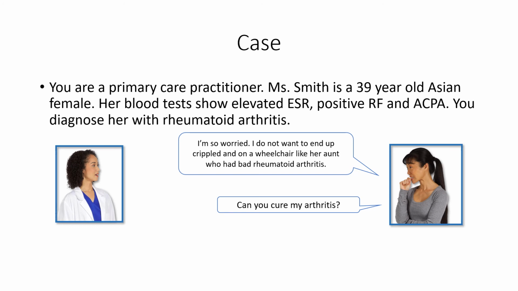I do not want to end up crippled in a wheelchair like my aunt who had really bad rheumatoid arthritis. Can you cure my arthritis?" At this stage, I want you to pause the video, take your pen and paper and jot down a few lines on how you would counsel this patient. After you're done, hit play.